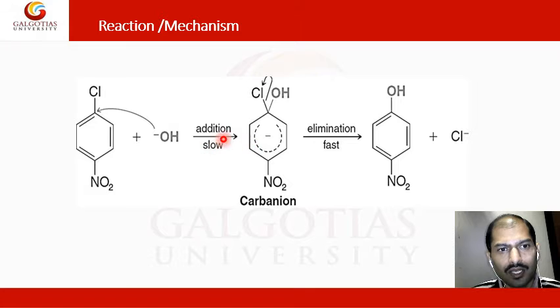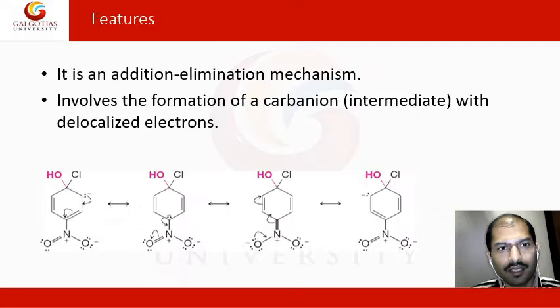The first one is a very slow reaction and the other one is fast. It is basically an addition and elimination reaction involving the formation of a carbanion intermediate, with the electrons delocalized over the ring.